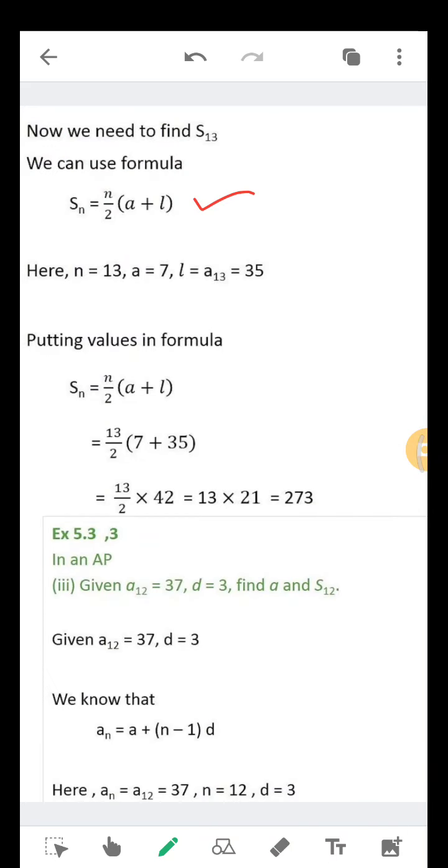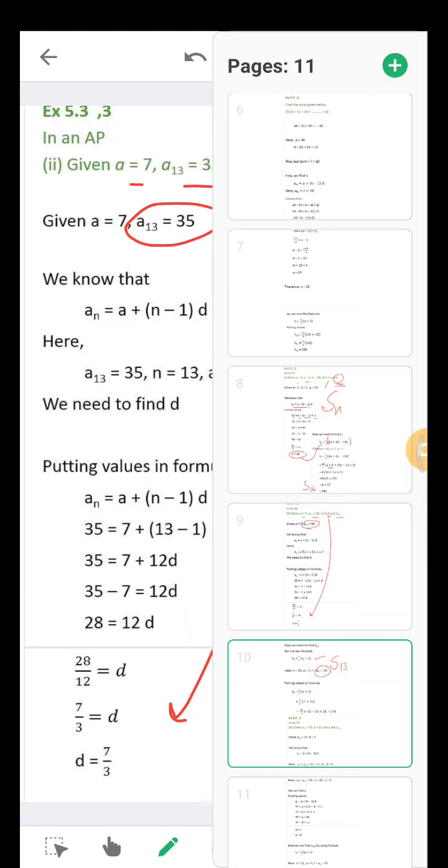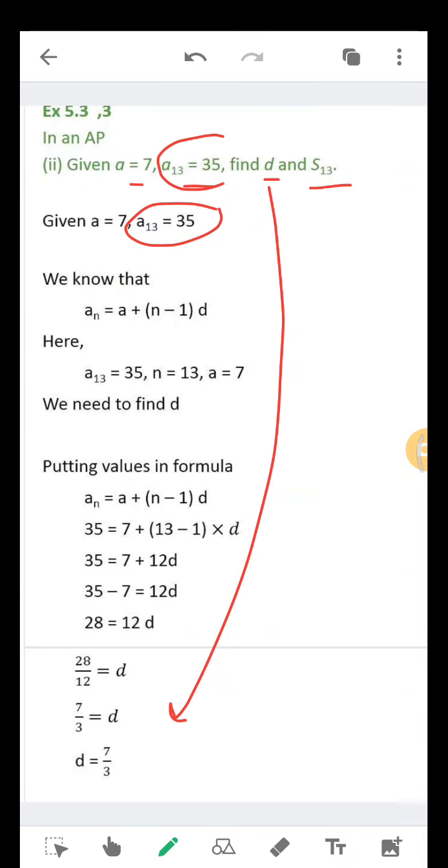You can use Sn is equal to n by 2 into a plus l. Okay, last term, we are finding S13, the sum of 13 terms. So the 13th term becomes the last term, isn't it? A13 is already given here, that is the last term.